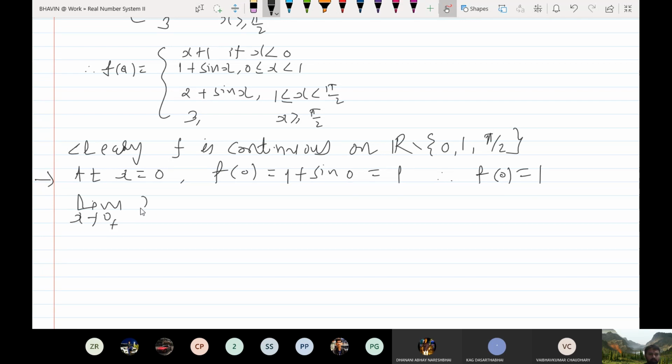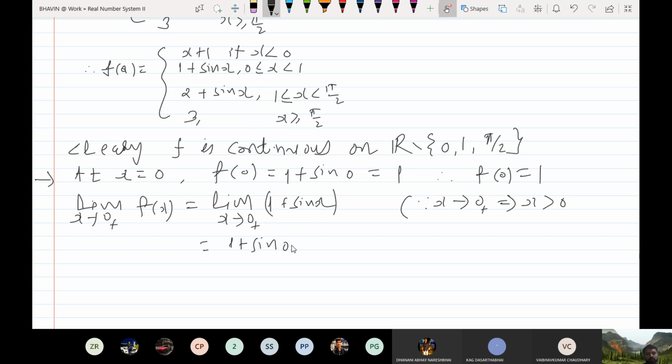Limit x tends to 0 plus f(x) equals limit x tends to 0 plus, what is f(x)? x tends to 0 plus, so x is bigger than 0. x greater than 0, then f(x) has value 1 plus sin x. So if you put x equal to 0, the answer is 1. f of 0 plus is 1.